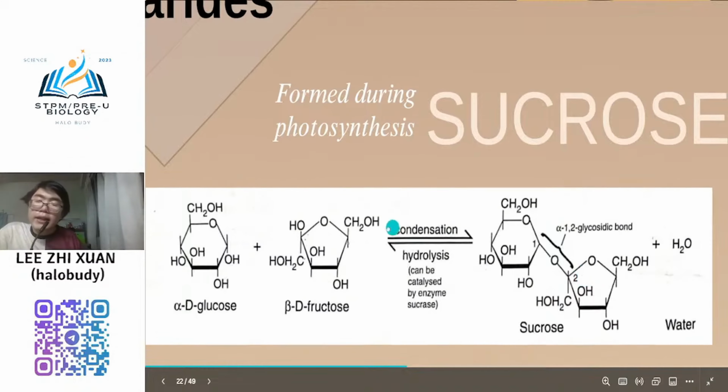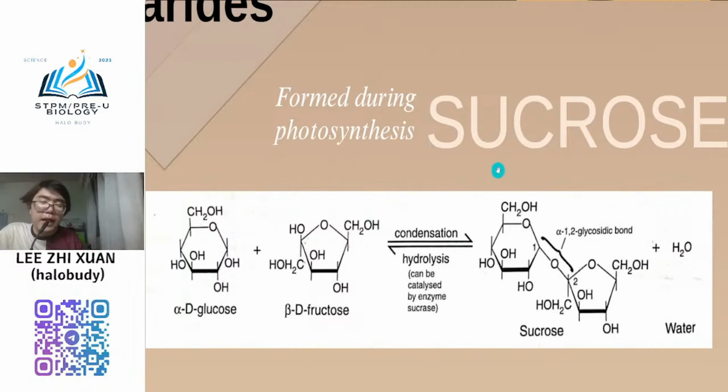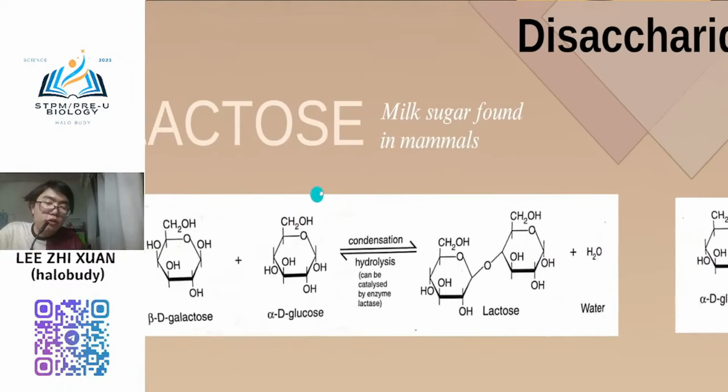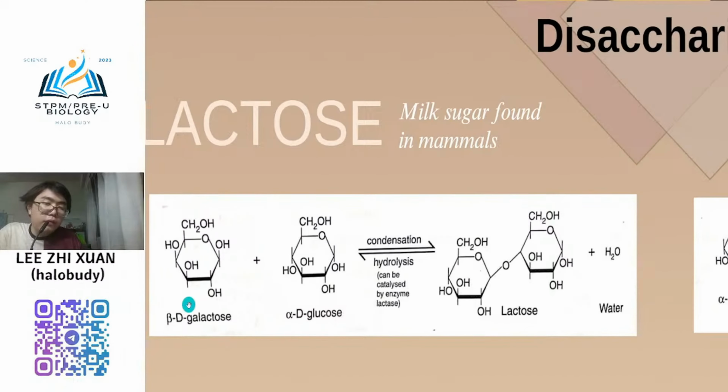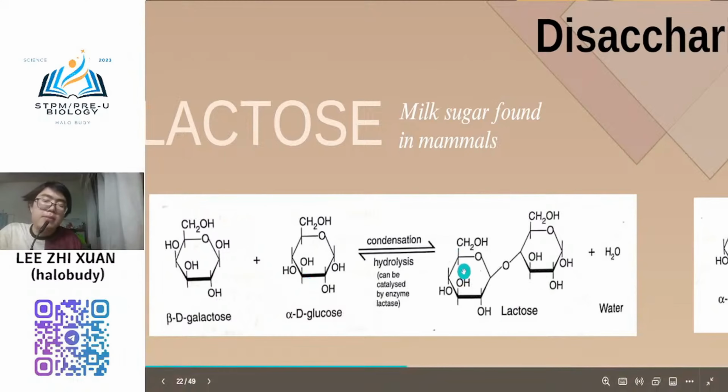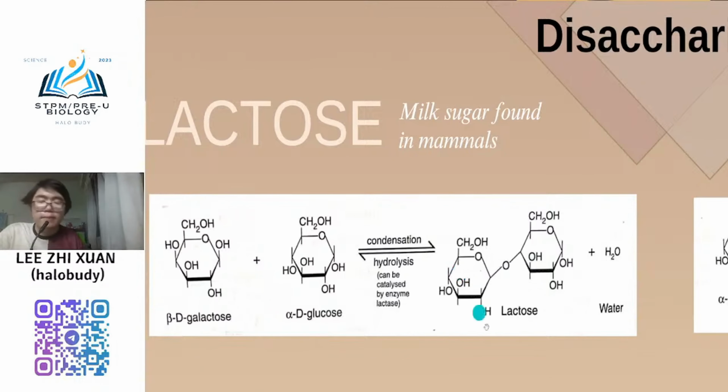That is why the sucrose molecule cannot act as a reducing sugar. Okay. Another one is lactose. When the bond is formed between galactose and glucose, it forms lactose lah. So the concept is similar to glucose and glucose lah.